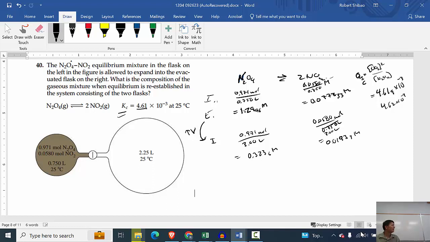So this is the original, which I'll call 1. This is going to be initial conditions 2 after perturbing this. And so let's go ahead and calculate Q once again. So this is going to be 0.0193 squared divided by 0.3236. 1.15 times 10 to the minus 3.